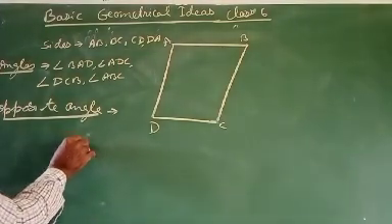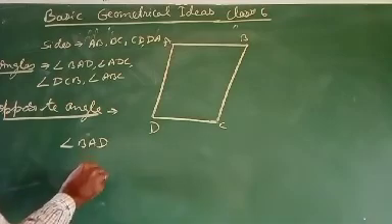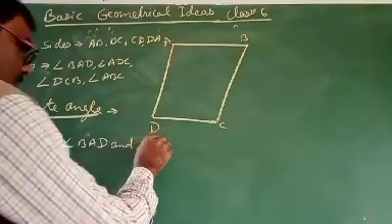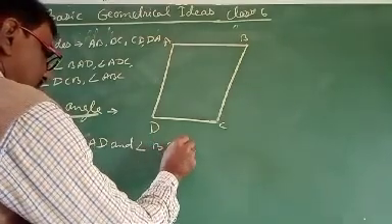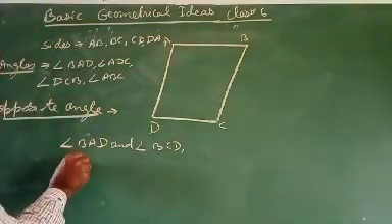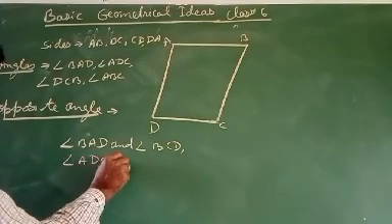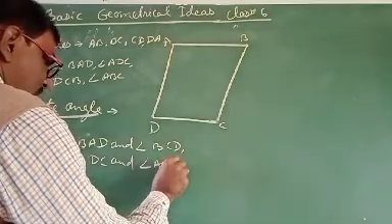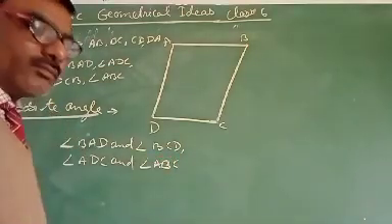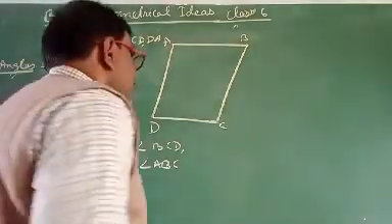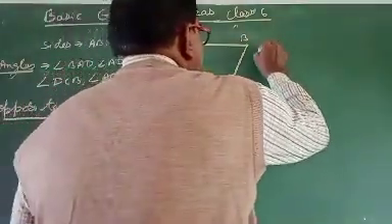Angle BAD and angle BCD, angle ADC and angle ABC are called opposite angles. Now diagonals.